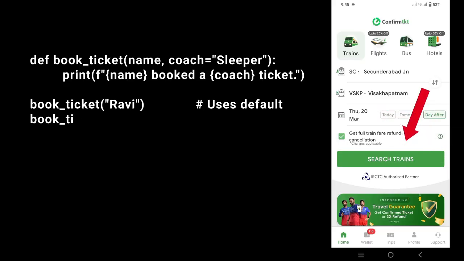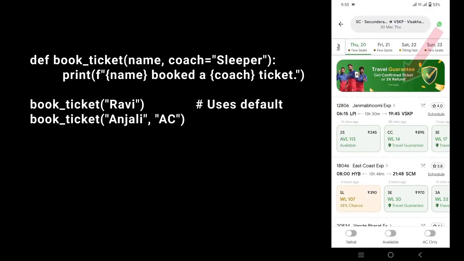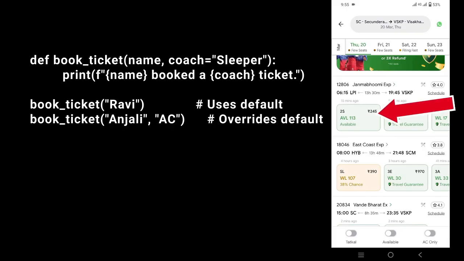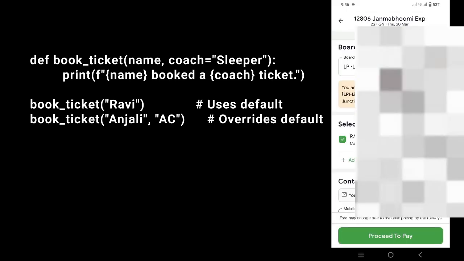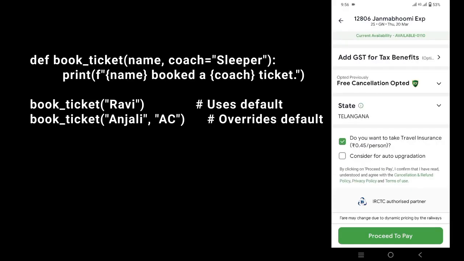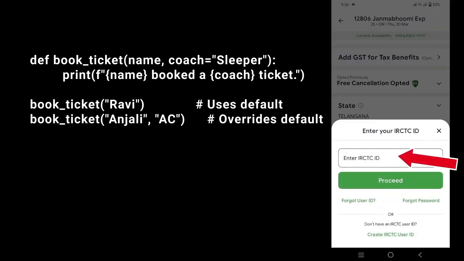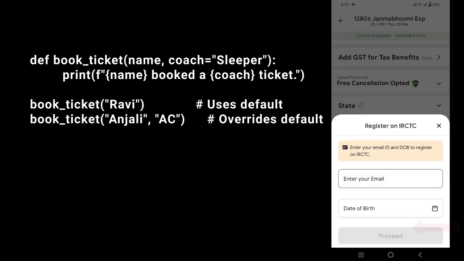In book_ticket, I'm passing the parameter name, and coach is sleeper by default. At the time of calling the function, if you pass only the person name, it is going to take coach as sleeper. But the second time, if you pass two arguments, it will take the user provided value instead of the default sleeper.